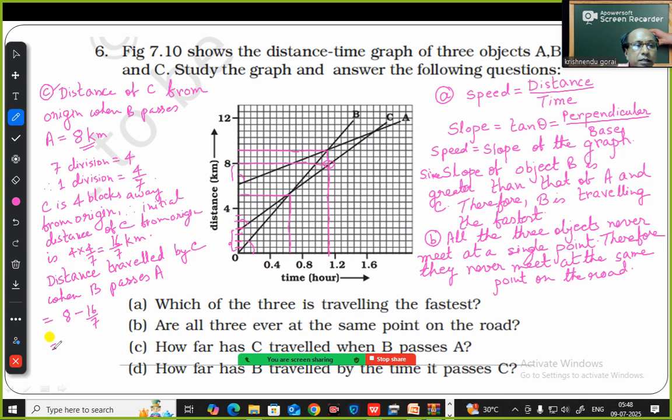Therefore, we are getting 7 into 8 is 56, minus 16 by 7, that is 40 by 7.